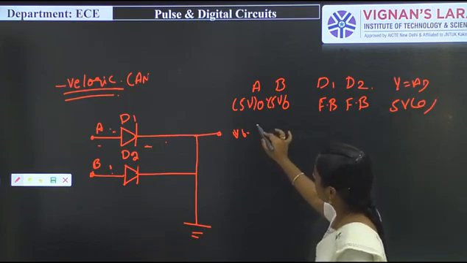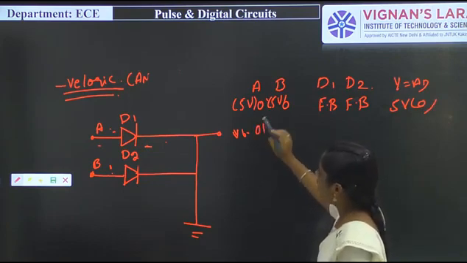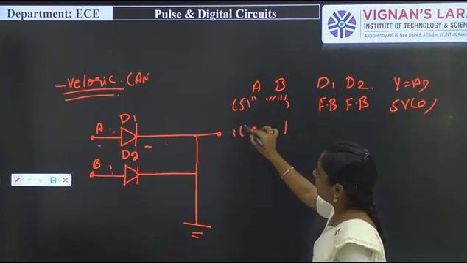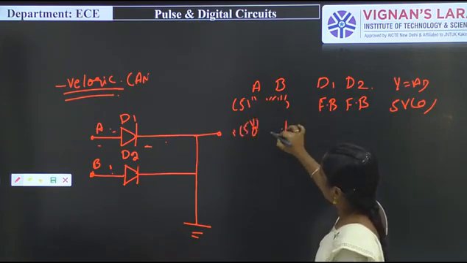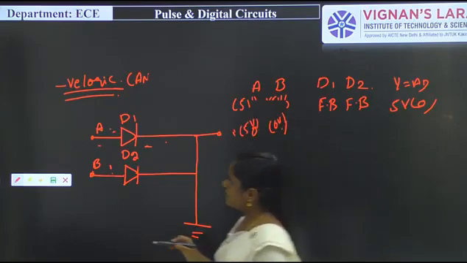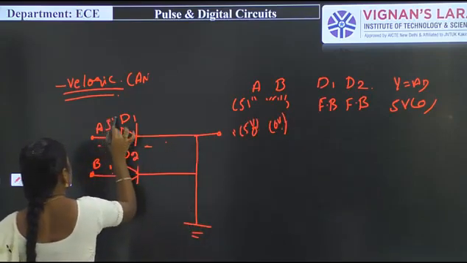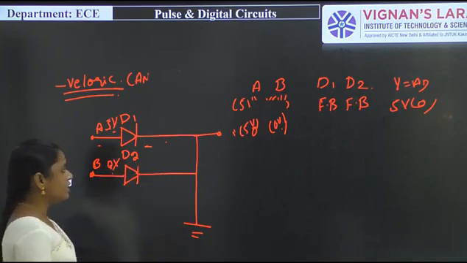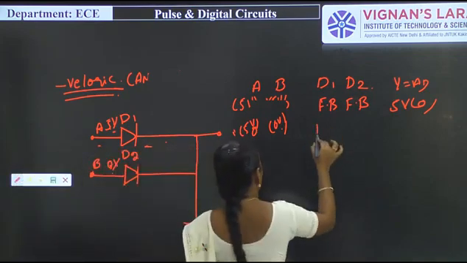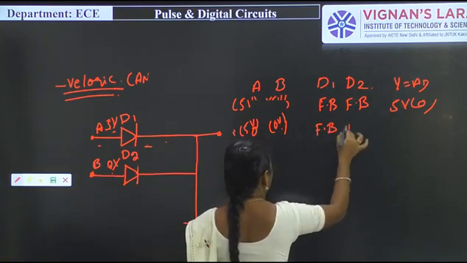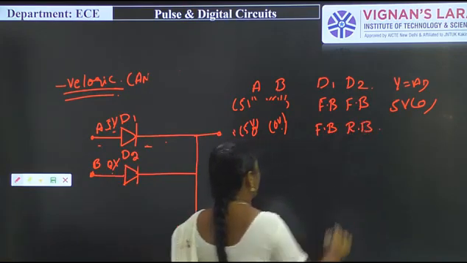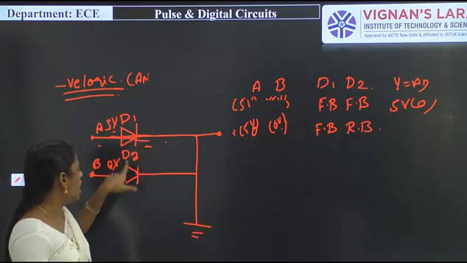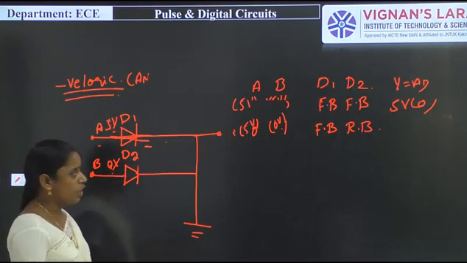And the next one is 0 and 1. Here 0 is nothing but 5 volts and 1 is nothing but 0 volts. So 5 volts is applied here and 0 volts is applied here. At that particular time, diode D1 is forward biased and diode D2 will be reverse biased. In this case, diode D1 can be replaced with a short switch and diode D2 can be replaced with an open switch.